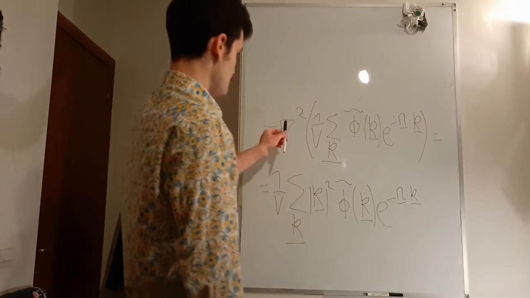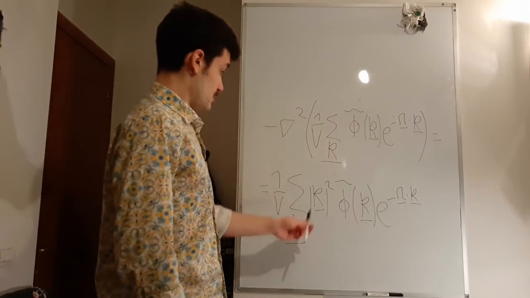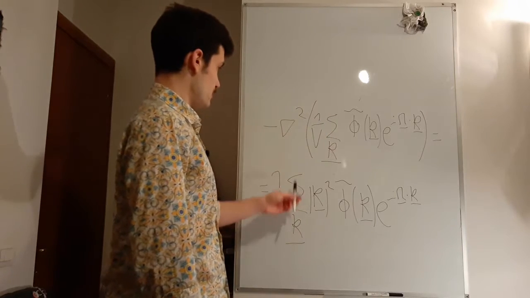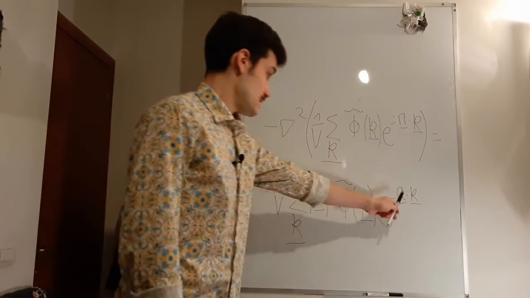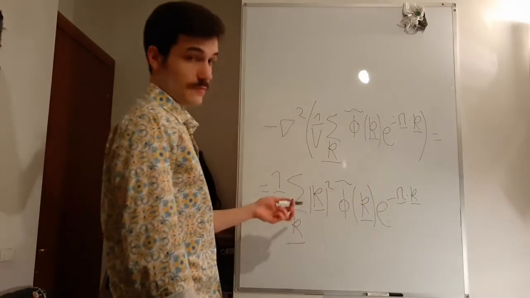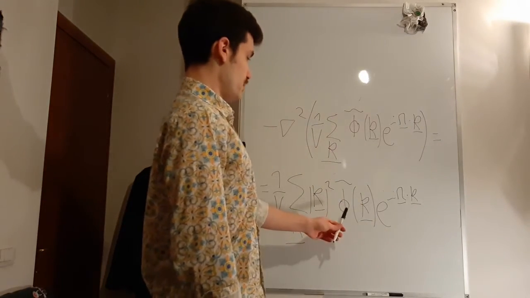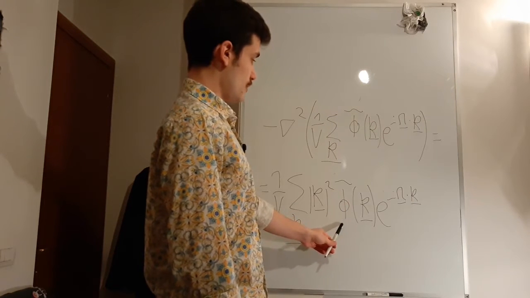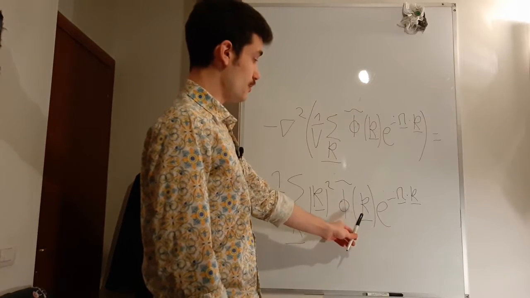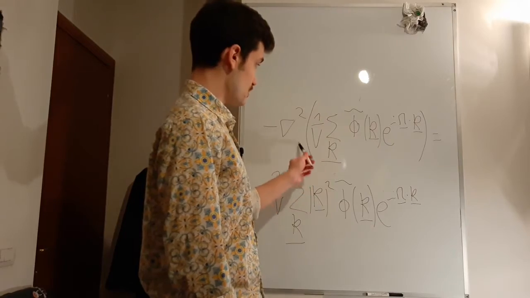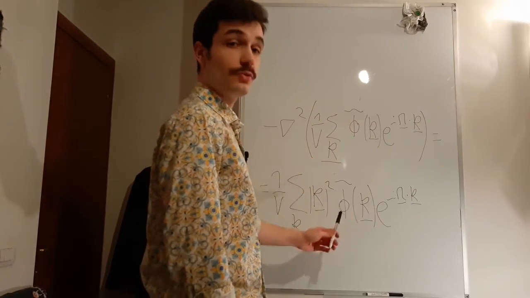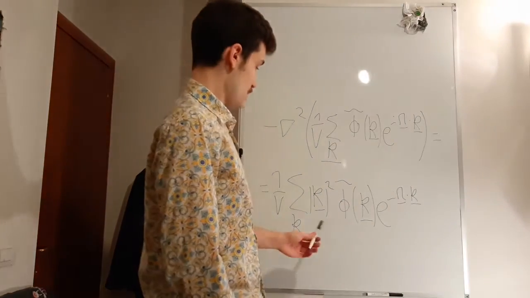In fact, that's the derivative of this. That's quite easy, because the only part that depends on r is the exponential, and it's very easy to do the derivative of an exponential, while the Fourier transform of my field doesn't depend on the positions in real space. Therefore, we don't have to know its expression to derive it.